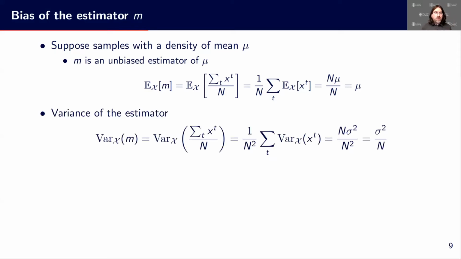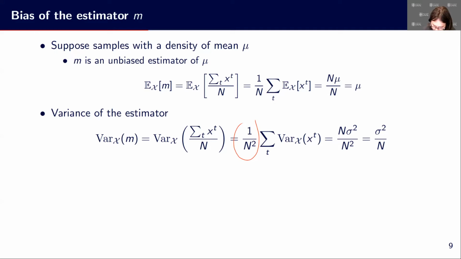If we are looking at the variance of the estimator, the variance of M over the x's, we have something like the variance of the summation of xt divided by n. So we have 1 over n squared, summation of the variance of xt.